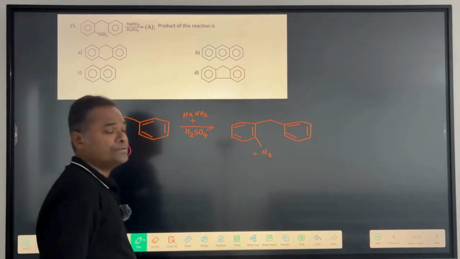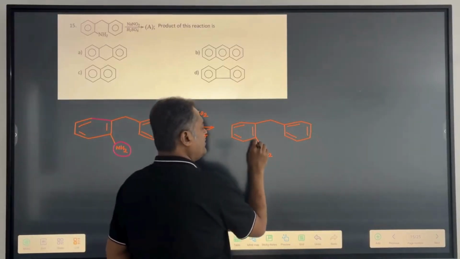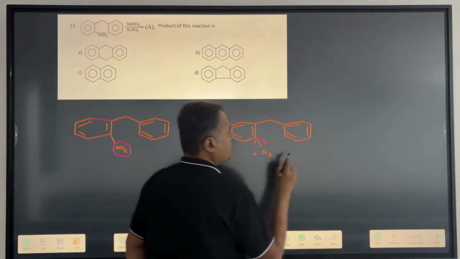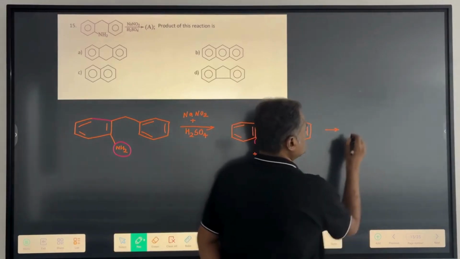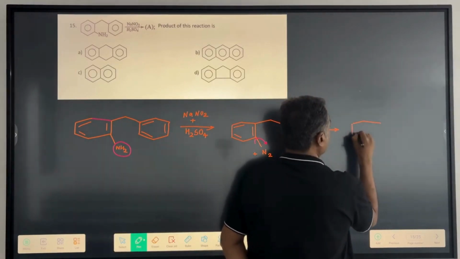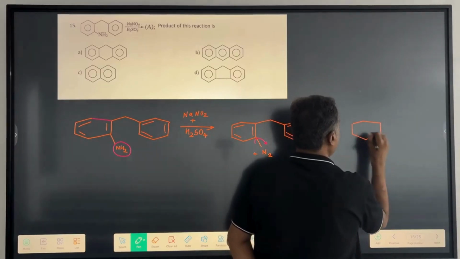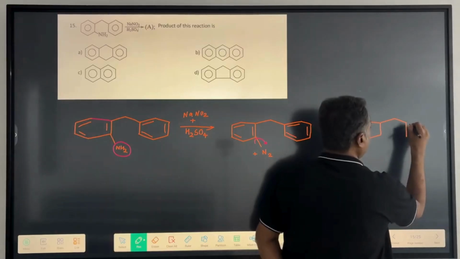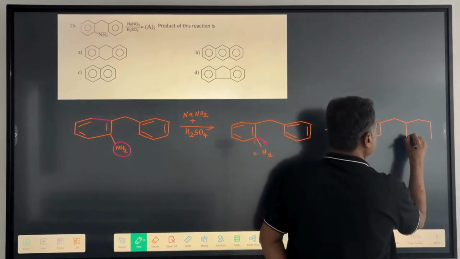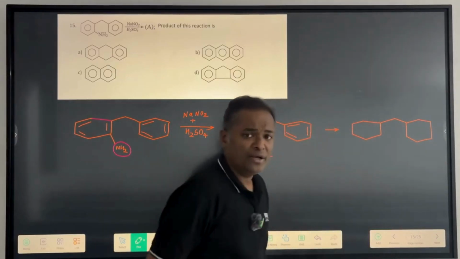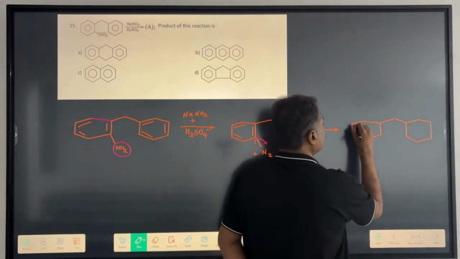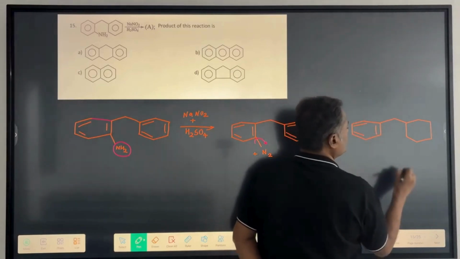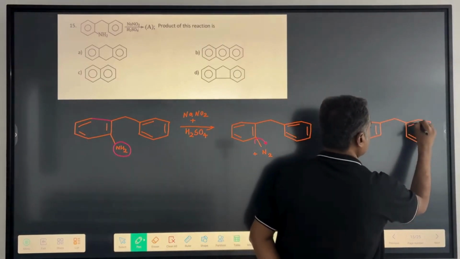We know that N2 is a good leaving group, so this will come out. So what are you going to get over here? A benzene ring which will be connected to a group, and then again a benzene ring is also there, correct? Now I'll show the bonds properly.